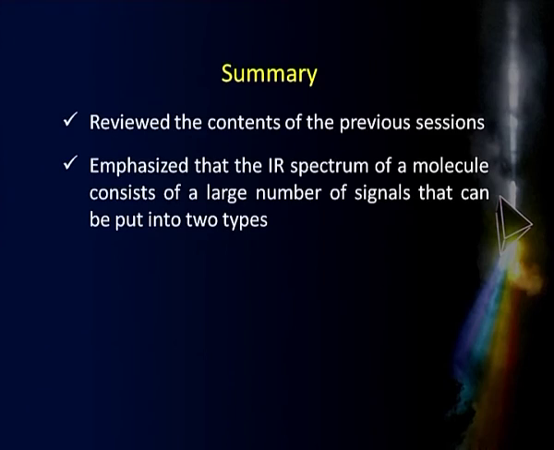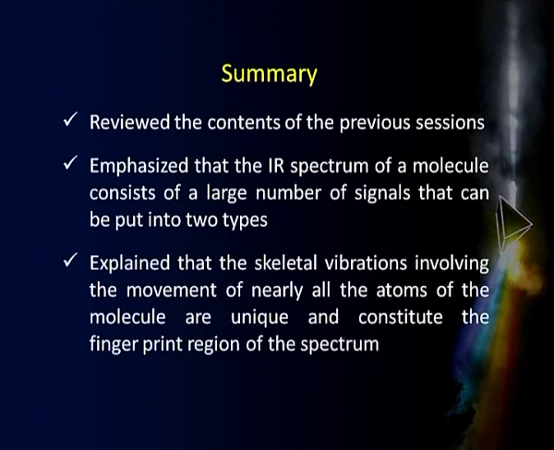Thereafter, we explained that the skeleton vibrations involve the movement of roughly most of the atoms of the molecule as a whole, and they happen to be very unique and constitute what is called the fingerprint region of the spectrum, because every molecule has its own fingerprint in the IR spectrum.